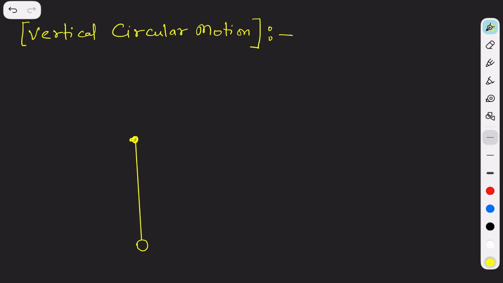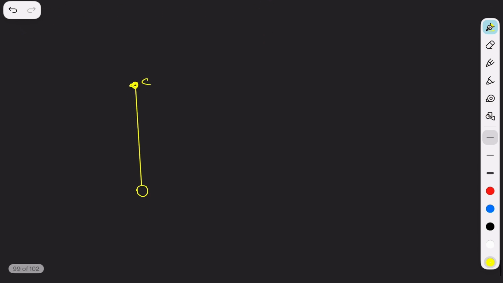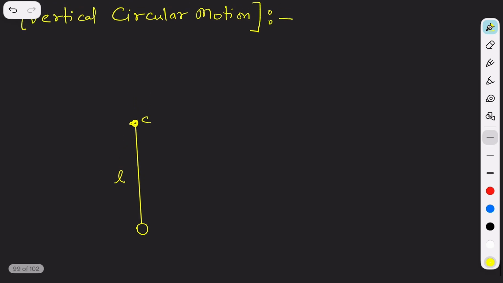The length of the string is, let's say, L, and let's say you give some velocity v to this particle horizontally. The particle is constrained to move in the circular path only.